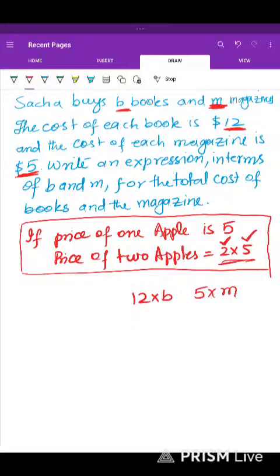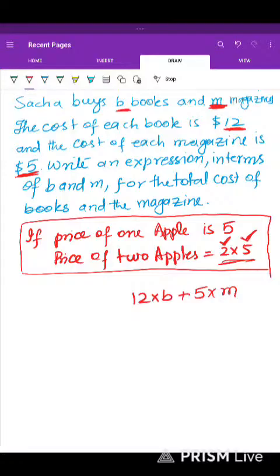In the case of books, B is the count and 12 is the price per book, so B multiplied by 12. 5 is the price of a magazine, and M is the count. M magazines, and the price of one magazine is 5, so both are multiplied and they will be added for the total cost.